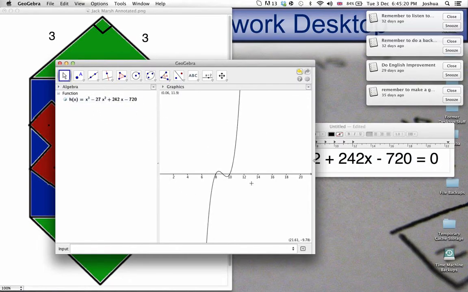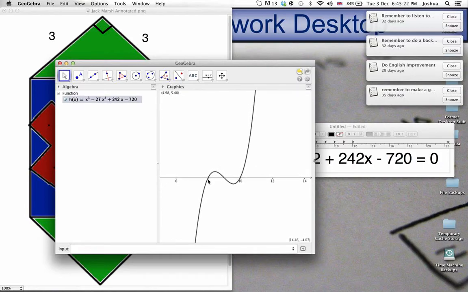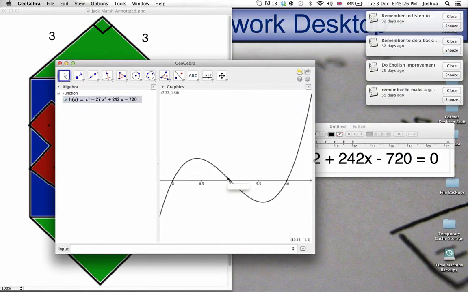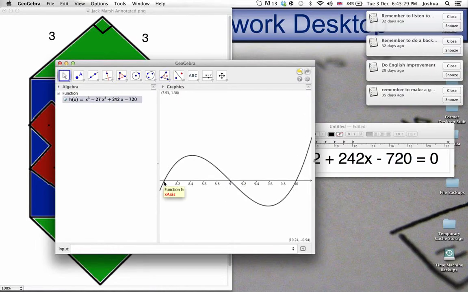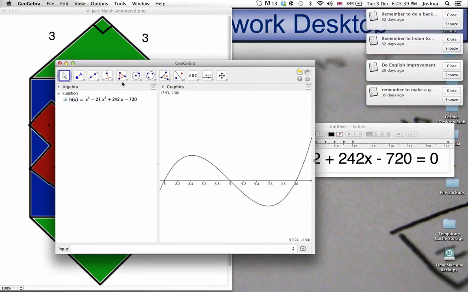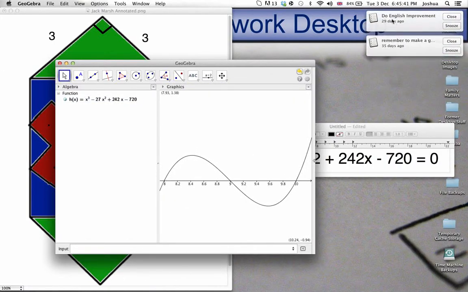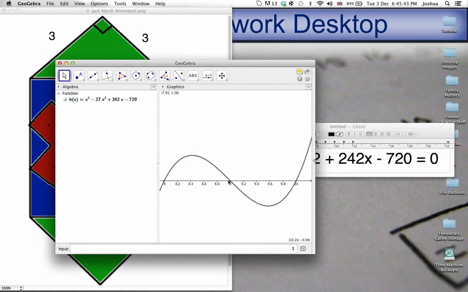The function returns 3 values: it returns 0 when x is 8, 9, and 10. You can see that right there.